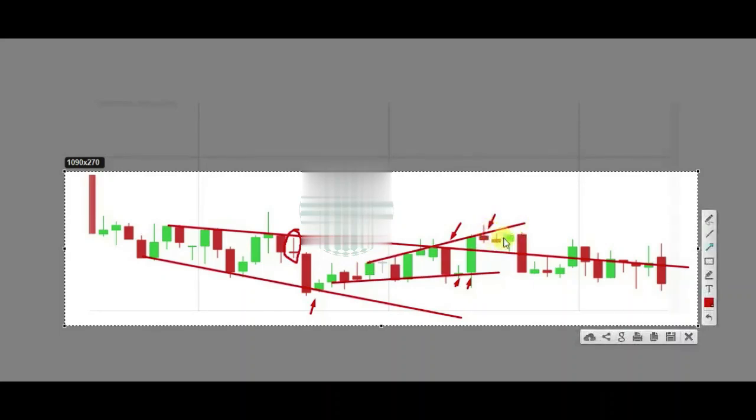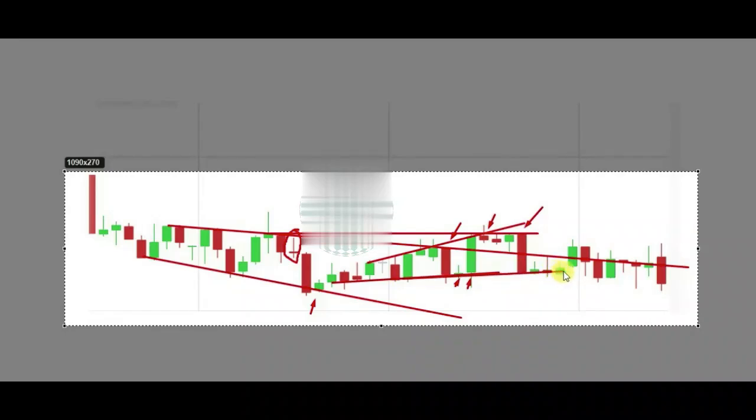But here we didn't place a trade. After that, we placed a trade in this candle, then we placed a trade here, again here.